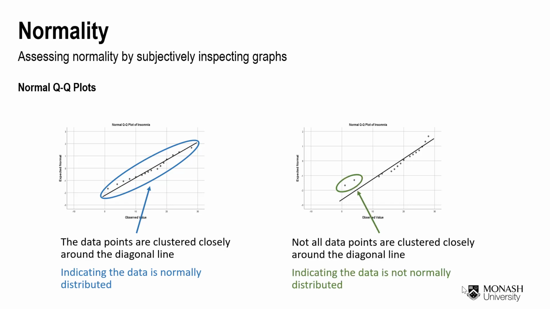In the second graph, not all data points are clustered closely around the diagonal line. Specifically, those that are circled are further away from the diagonal line, indicating that data is not normally distributed.